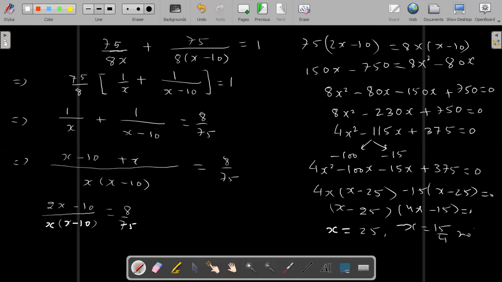It is not possible. So the answer is 25. Okay. So 25 means 25 hours for the smaller tap, and 25 minus 10, 15 hours will be taken by the larger tap to fill the tank.